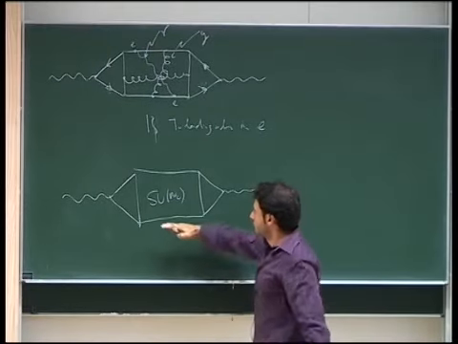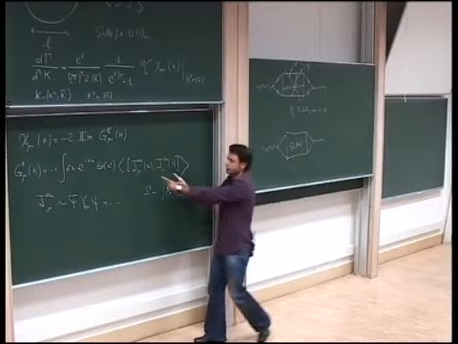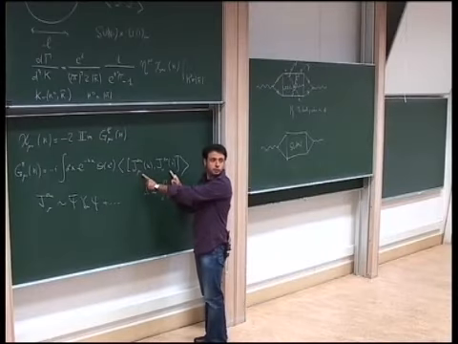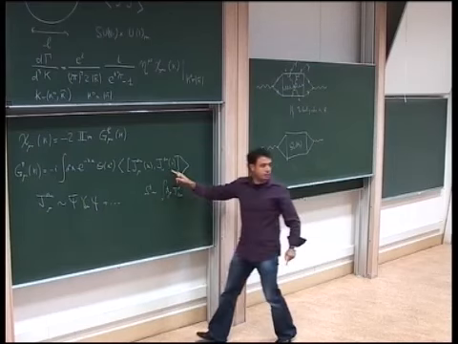In other words, to leading order in e, I can calculate this correlator not in an SU(N) cross U(1) theory, but in an SU(N) theory, for which I know what the gravity dual is.